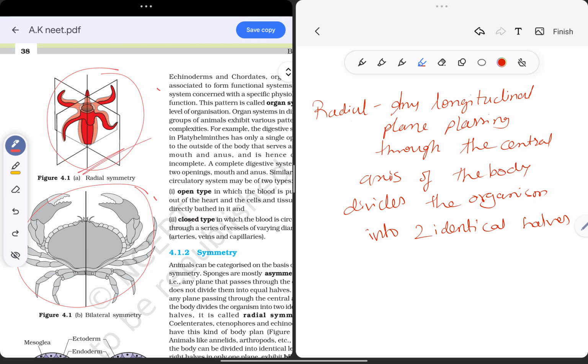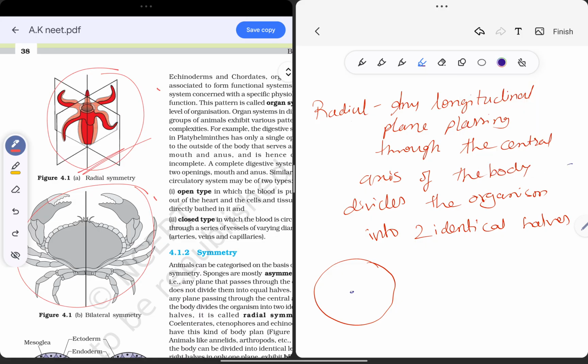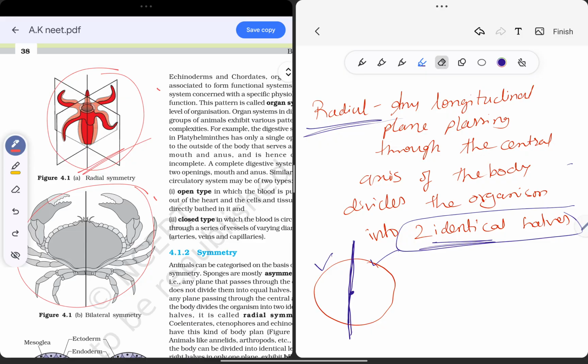As you can see, if there is an organism like this and a plane passing through the central axis, only a plane passing through the central axis can divide this organism into two equal and identical halves. Then it's called radial symmetry.